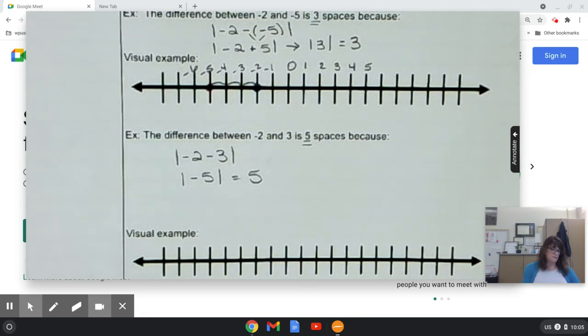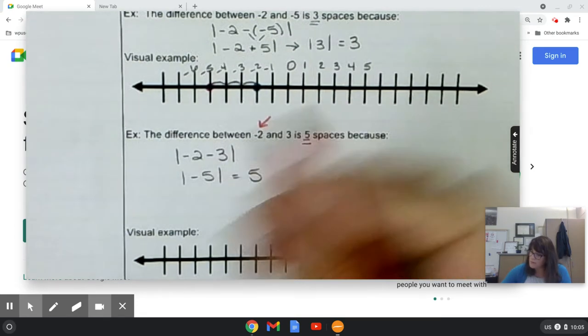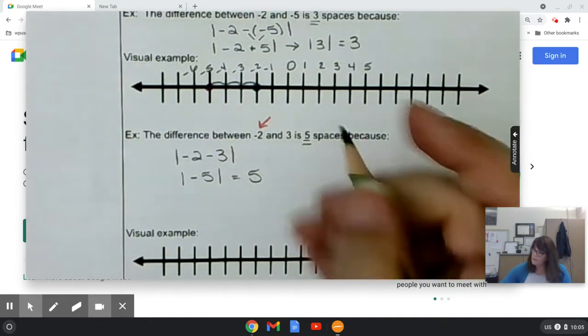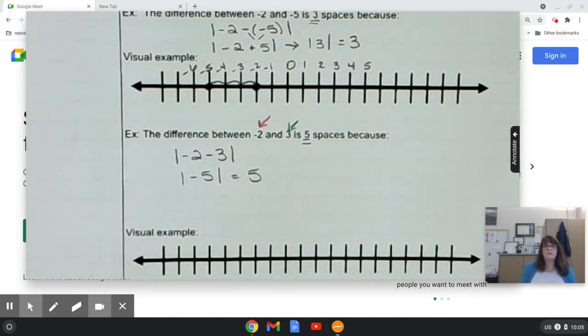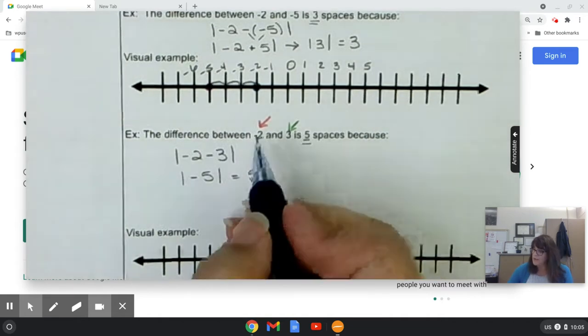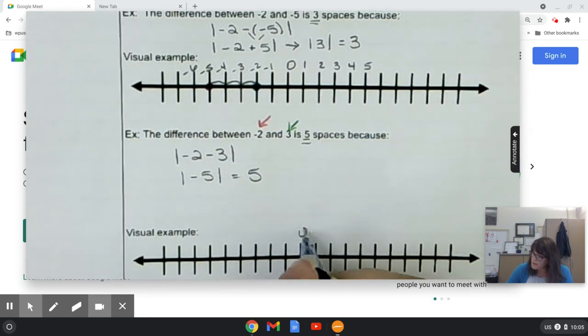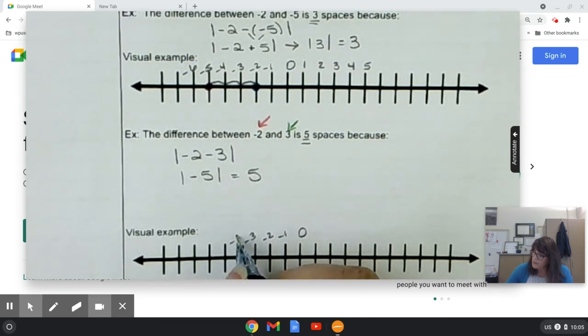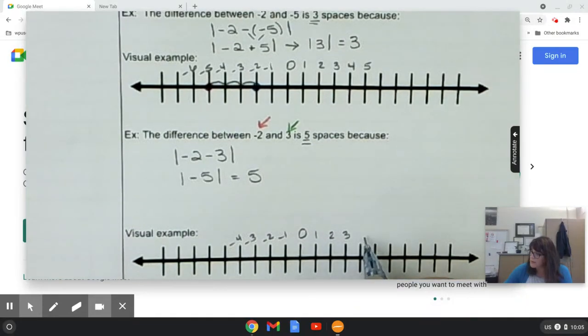Visually, okay, -2 and +3. Let's look at those numbers. So again, here's 0 on our number line. -1, -2, -3, 1, 2, 3.